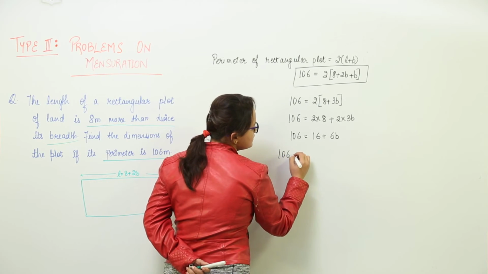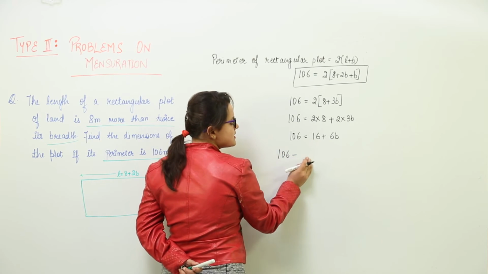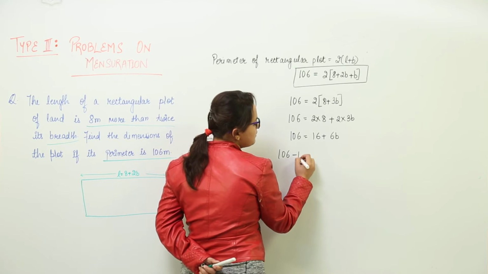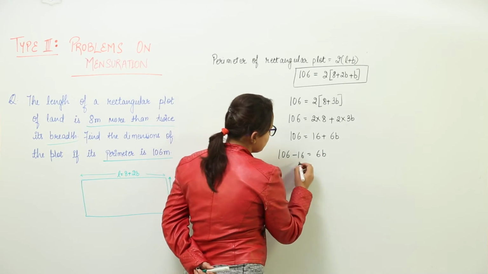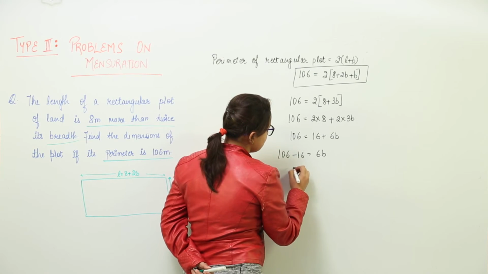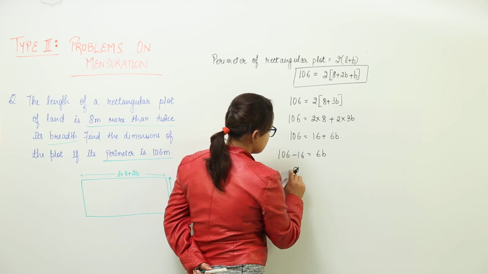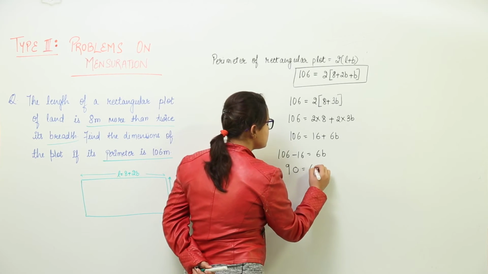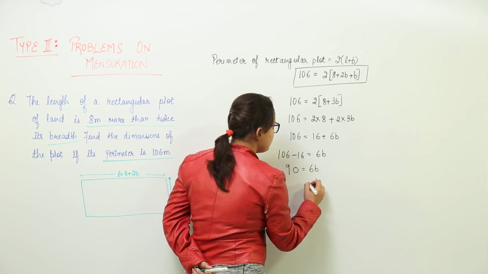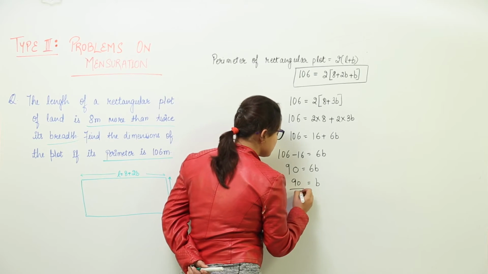Taking the constants to one side, we take 16 and transpose it to this side, making it minus 16 equal to 6B. Now on subtracting this, we get 0 and 6 minus 6 is 0. 10 minus 1 is 9, so 90 equal to 6B. Now B would equal 90 over 6.